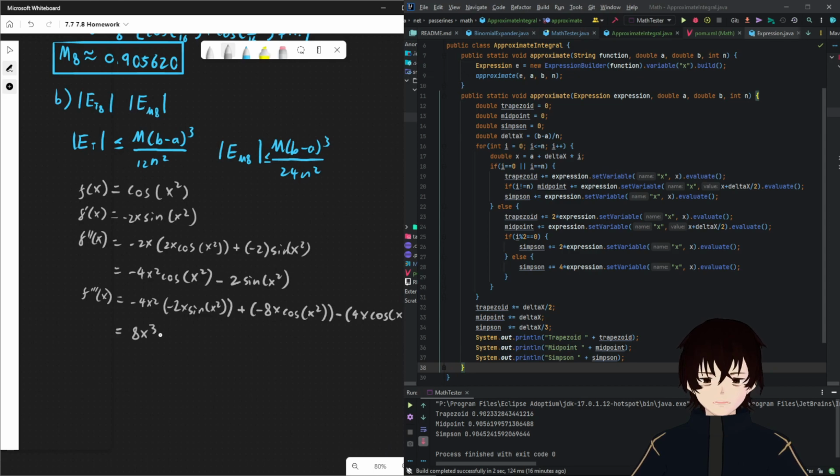8x cubed sine x squared minus 8x cosine x squared minus 4x cosine x squared. So this can just be minus 12. I'm falling asleep here, which I've never been able to do before.